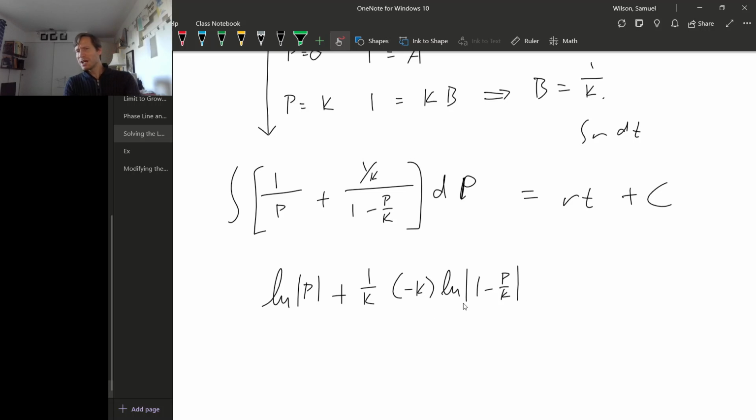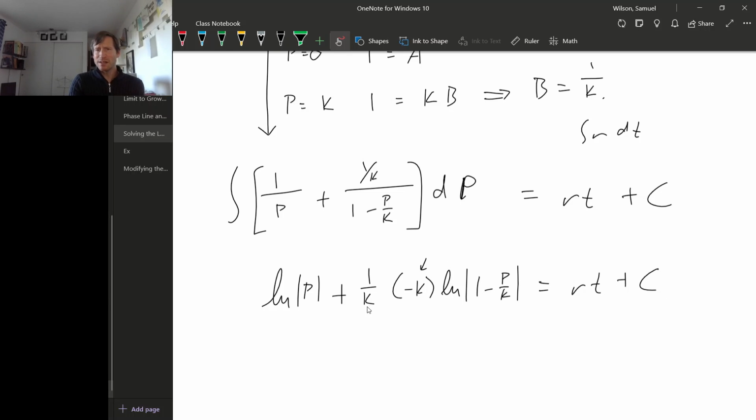So if you aren't sure about this one, differentiate this to double check that this is the correct antiderivative. When you differentiate this, the chain rule spits out a factor of minus 1 over k, which cancels this minus k here. So on the right-hand side, rt plus c.